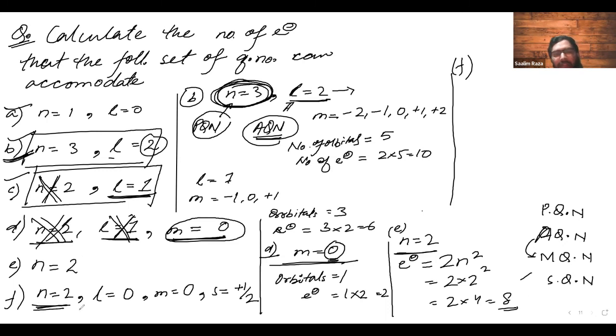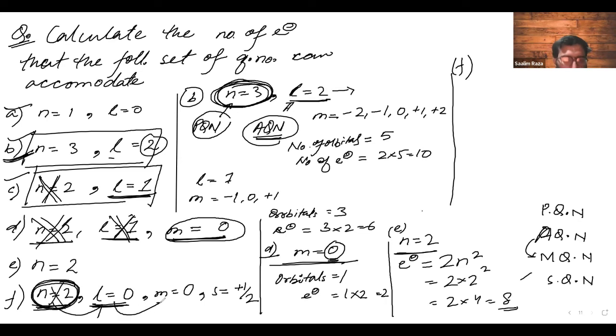We have been given the principal quantum number. Say yes, sir, in the chat. Then we check L. If the azimuthal quantum number is given, does the principal quantum number have any significance? No. Very good.